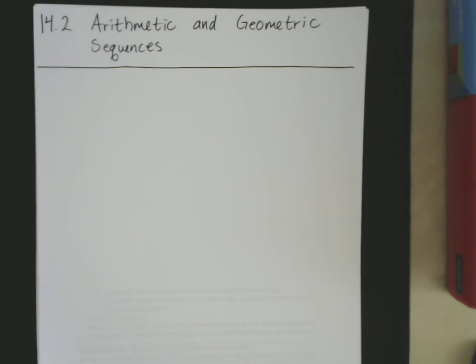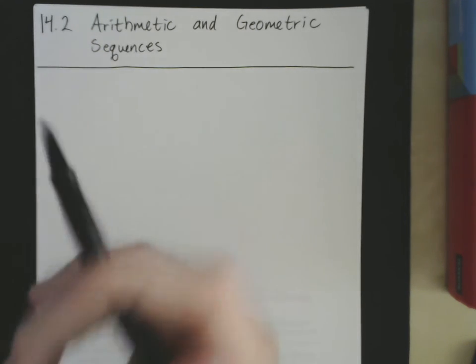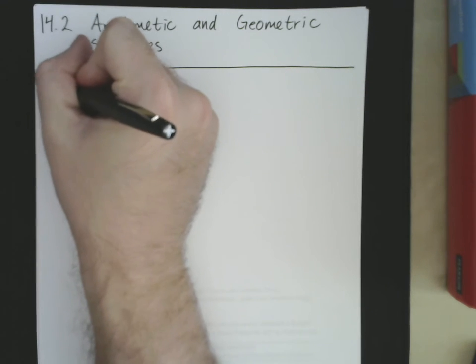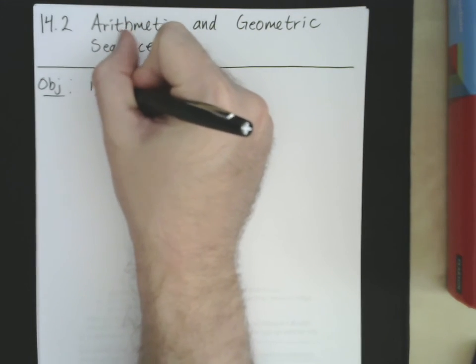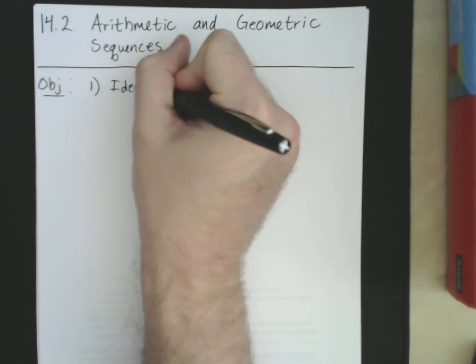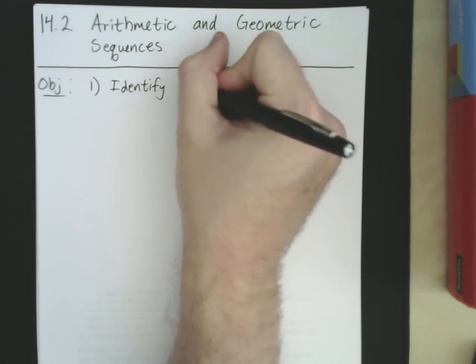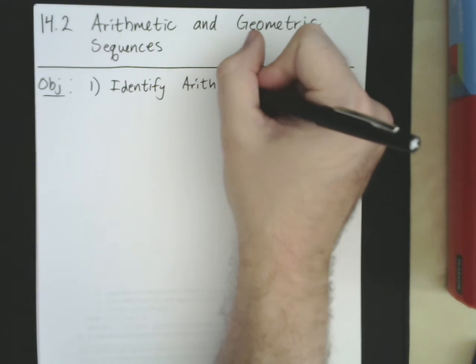Okay, 14.2. As I said at the end of the last section, this is all about arithmetic and geometric sequences, and we will be talking about those two things in depth. So our first objective is to identify arithmetic sequences.